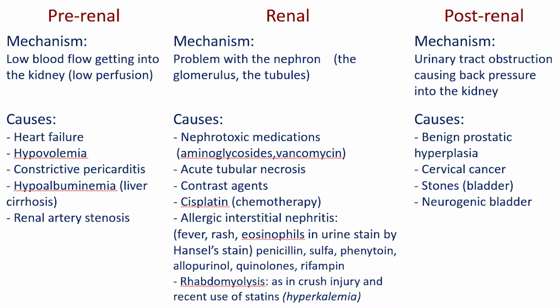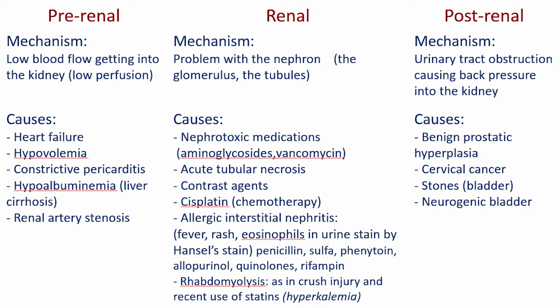The mechanism of post-renal is simply what? Obstructive uropathy. There is an obstruction in the urinary tract: stone, stricture, tumor. This will cause back pressure into the kidney. And here, the obstruction has to affect both kidneys in order to get renal failure. So what's going to cause renal failure? Is it a big, huge kidney stone on one side, or just a small stone in the urinary bladder?